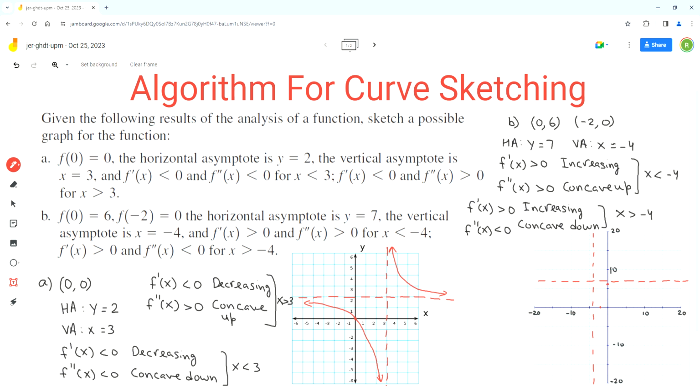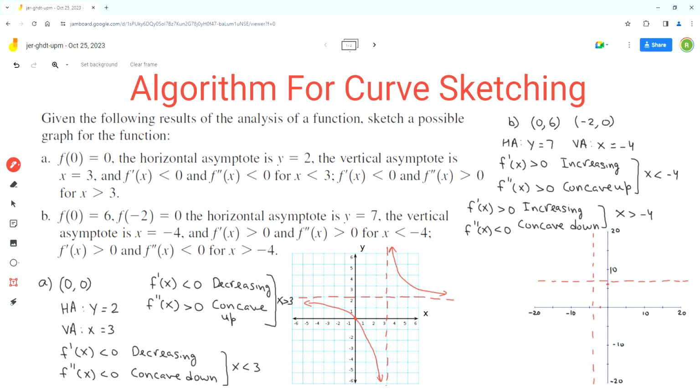We can start with the left side of x equals negative 4. As you can see, these two asymptotes divide the grid into 4 parts or 4 quadrants. So to the left side of x equals negative 4, the function is increasing and concave up.